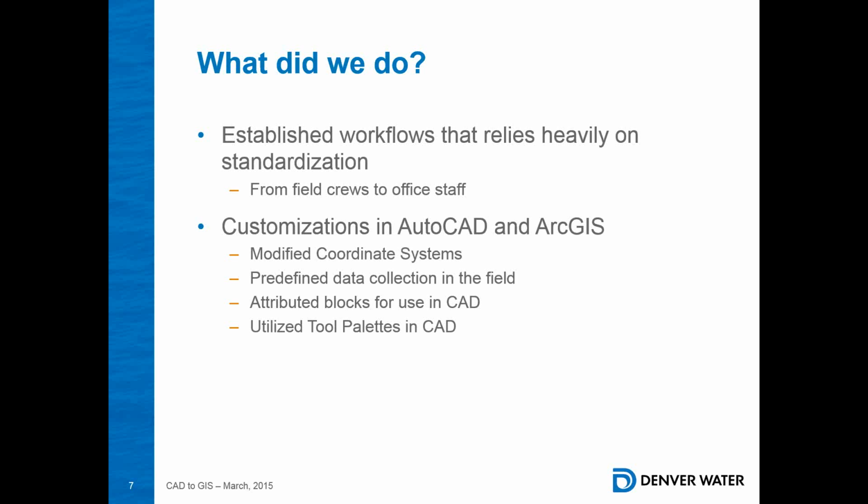So for example, if we wanted to draw a 12-inch main and we want that line work to go to our asset recording group, we would click on our tool palette for our line feature, and it's going to create a brand new layer that has an ARG prefix. So as soon as it sends to asset recording, it's got ARG prefix in the layer. They know that that's their stuff for posting directly. So then what we would do is we would add 12 to indicate the diameter of pipe.